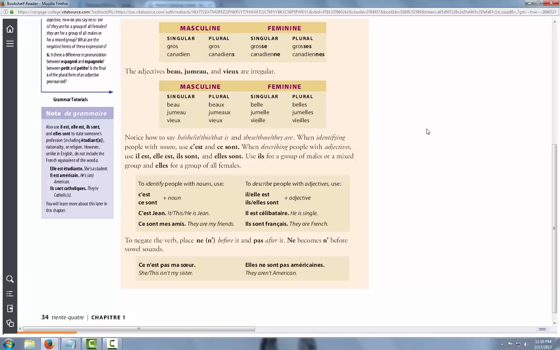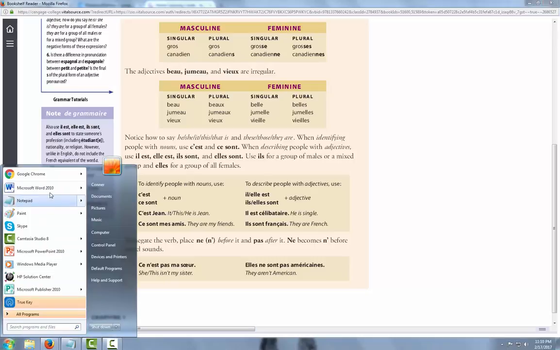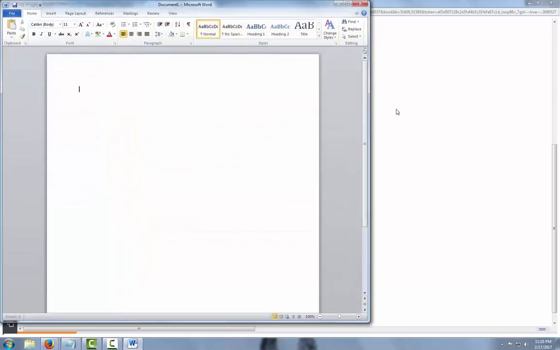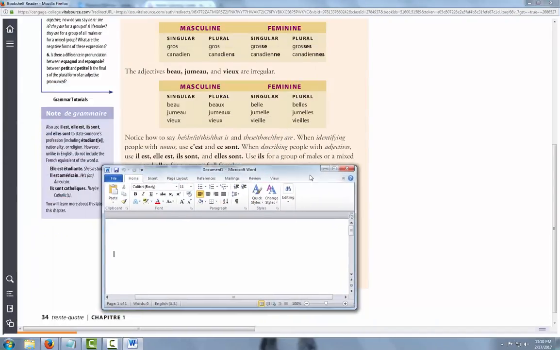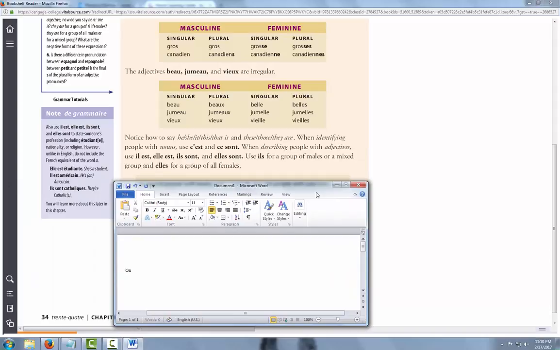That means old, okay? Now the use of c'est versus il est. You're going to be using c'est with an article and a noun, or c'est plus a first name. And you're using that when the question is, what is it? If the question is, qu'est-ce que c'est?